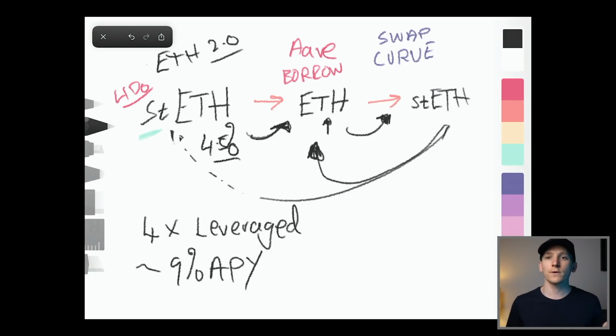So essentially what you're doing is taking 2% out of the market as an arbitrage. And you can actually do that a few times, up to 4x leverage on your original position, taking 2% each time. You're going to be making around 8 to 9% APY instead of 4.5 or 4.8%. So you're basically doubling the APY on your original, right?